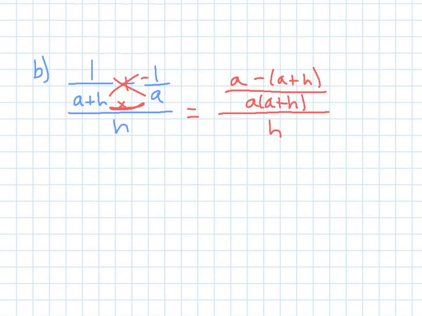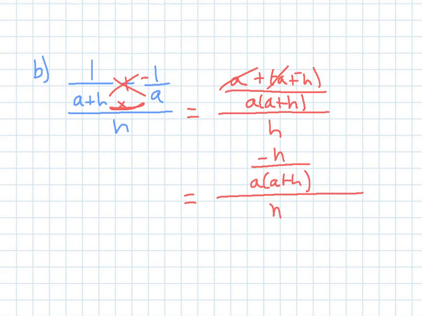Okay. Now here I would distribute my negative through so that I can put like terms together. Notice that a plus a negative a, they cancel each other out. So when I simplify this, I get negative h over a times a plus h, and then that's over h. Okay.